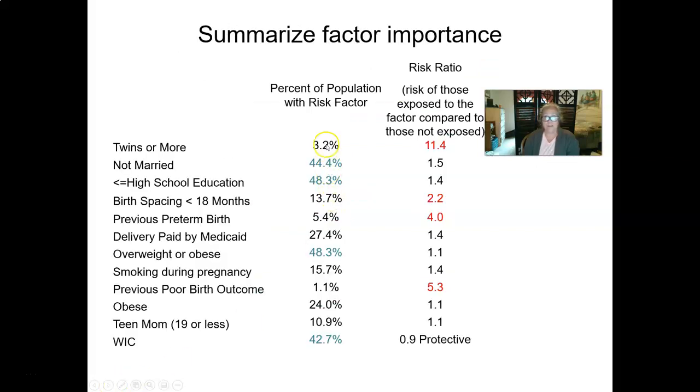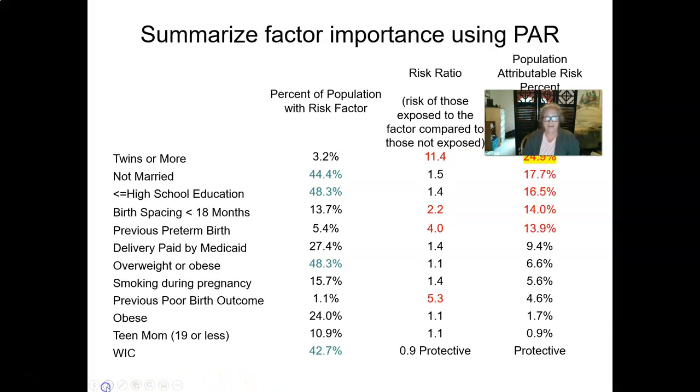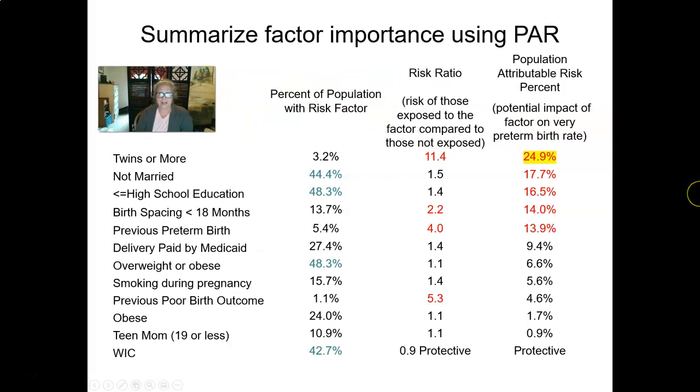We can look at this prevalence and look at prevalence differences. And this is prevalence among the population that we're studying. And we can also look at risk ratios, how dangerous the risk factor is is also important, not just the prevalence. And we can move from there to add population attributable risk as just a summary measure.